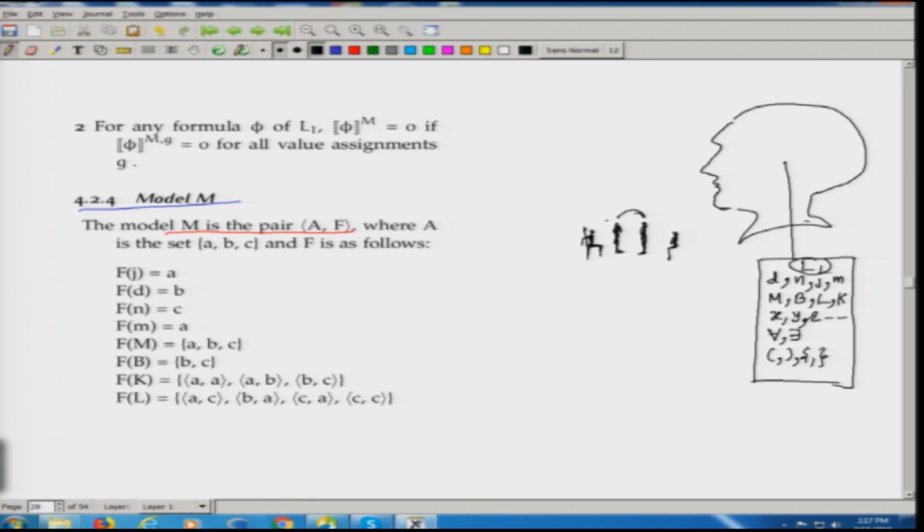The reality consists of 3 things: A, B, and C. A is one person with 2 names, J and M. So A is connected with these 2 names, J and M. And then you have B and you have C.